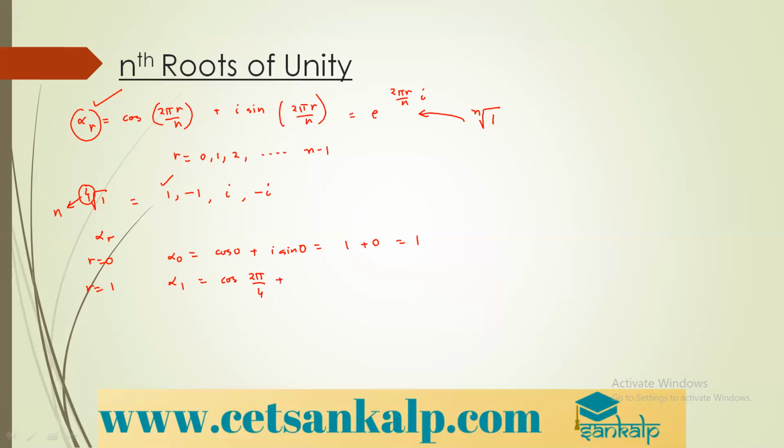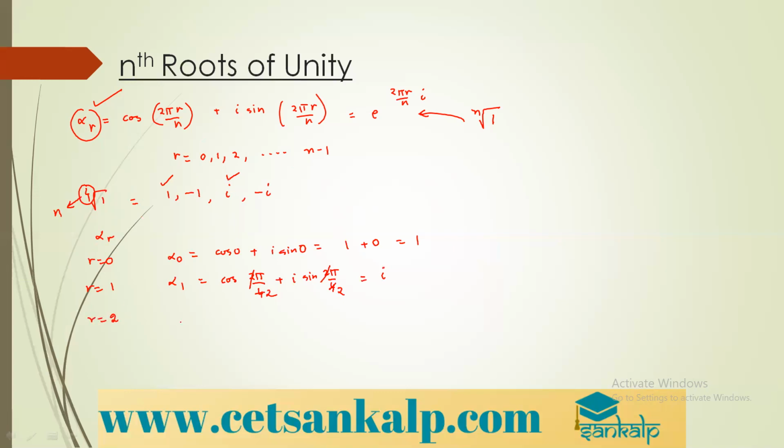Cos 2 pi by 4 plus i sin 2 pi by 4. So cos pi over 2 is 0. Sin pi over 2 is 1. So I have i as the answer. I got this root of unity, fourth root of unity, this one I got.